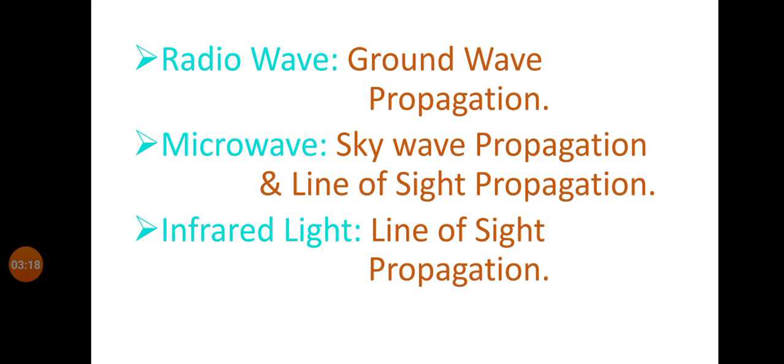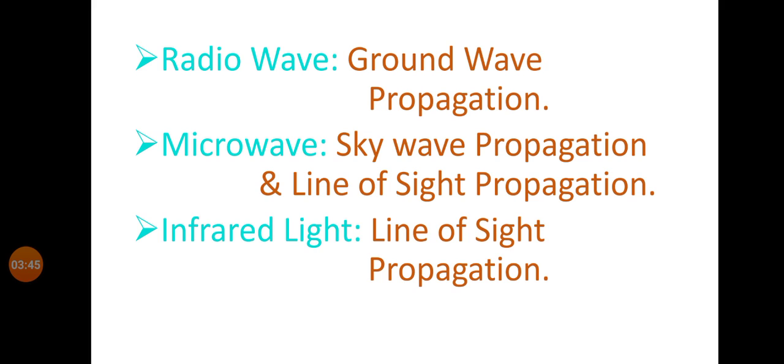Wireless LAN is the example for microwave, and also cellular telephones, means cell phones, and satellite networks. Okay, so these are the applications of microwave, means where we can use the microwave. Clear?